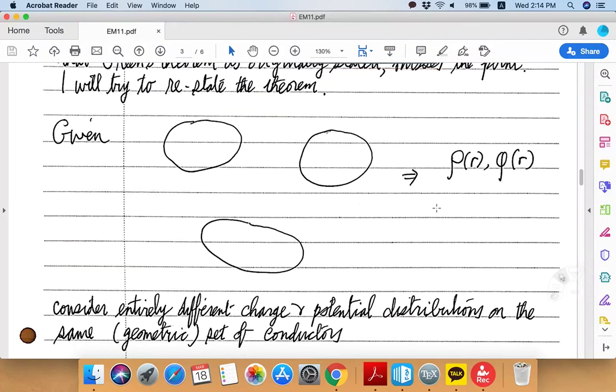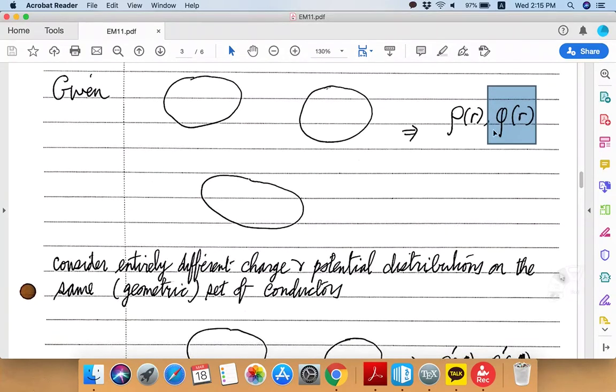Okay, so here we go. So we're given this situation with a bunch of conductors. Well, again, it doesn't really have to be a bunch of conductors. It can be any number of chunks of matter consisting of some charge density function rho(r). And this charge density will give rise to some sort of potential distribution phi(r).